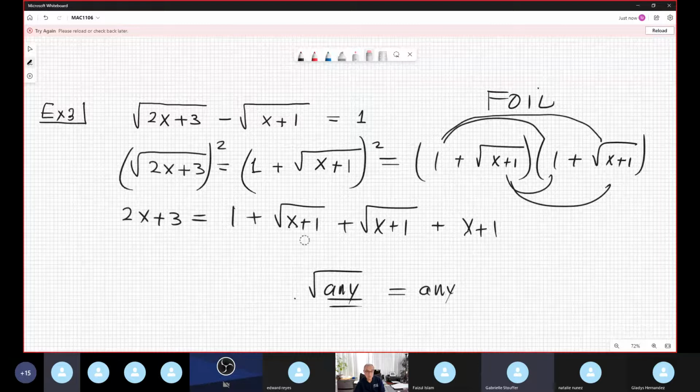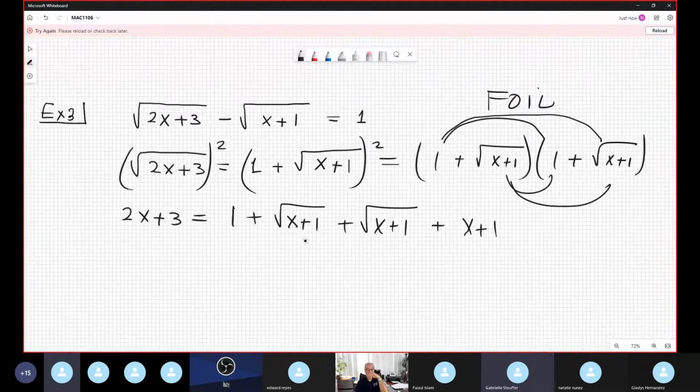Clear. Yes. Okay. So now I have a long equation. No good. I try simplification. How? Combine like terms. There is no reason to have this one and this one separately because 1 plus 1 is 2.